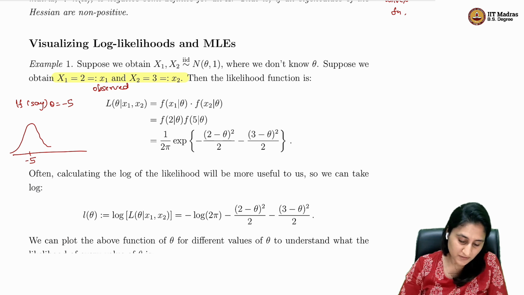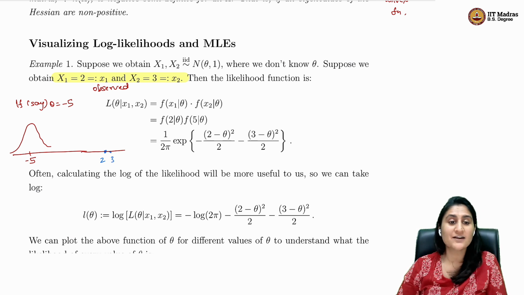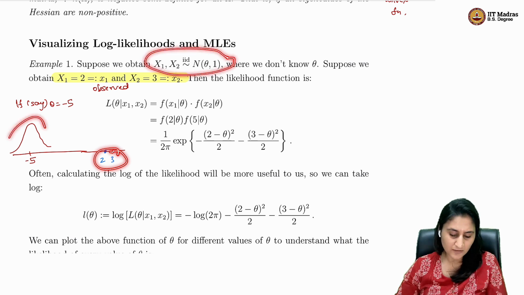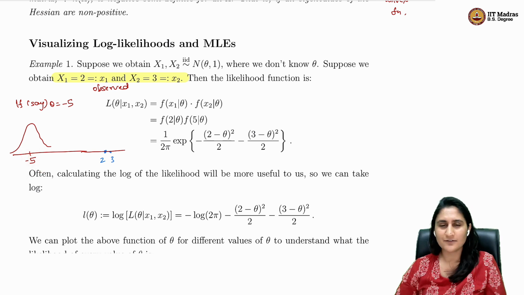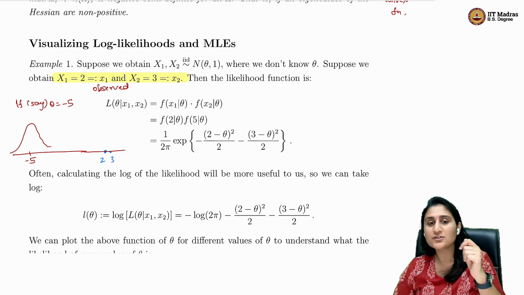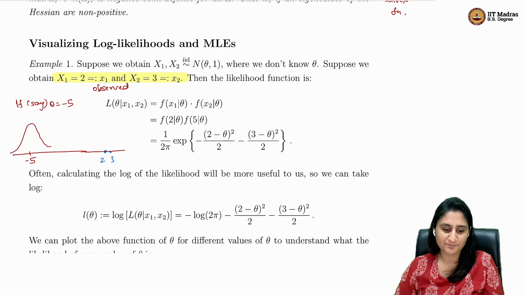And what I observe are values x equals 2 and x equals 3, right? So I observe these values of x. Well, then it looks like these values of x would probably not come as actual draws from this distribution if theta was indeed -5. So clearly theta equals -5 is an unlikely value of theta, right? So the function should give it a low likelihood, a small likeliness, right?